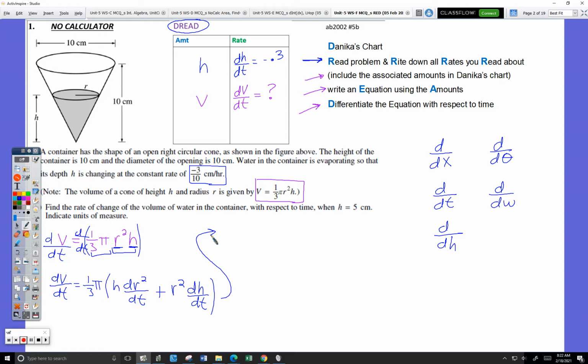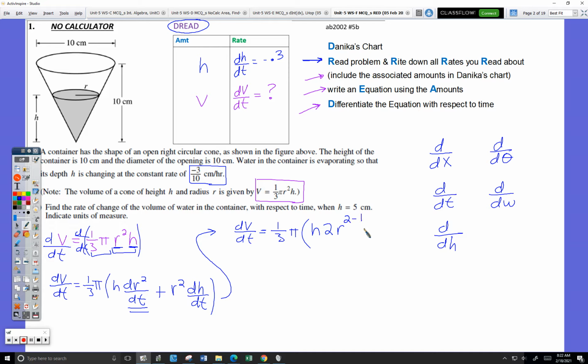So now I have dV over dt will equal 1/3 pi, parenthesis, h, dr over dt. You have to use the power rule. So you bring down the 2, multiply by the r, new exponent would be 2 subtract 1.